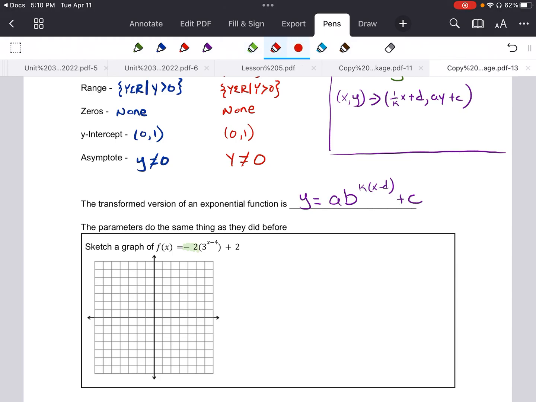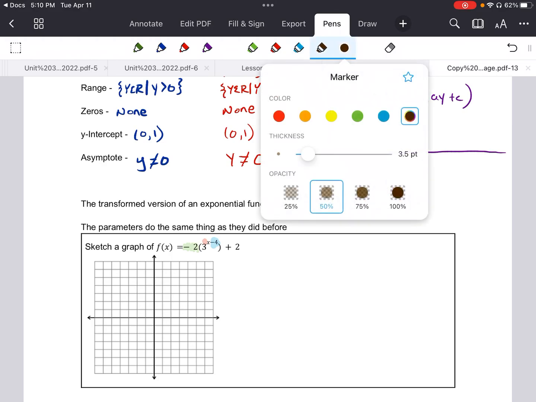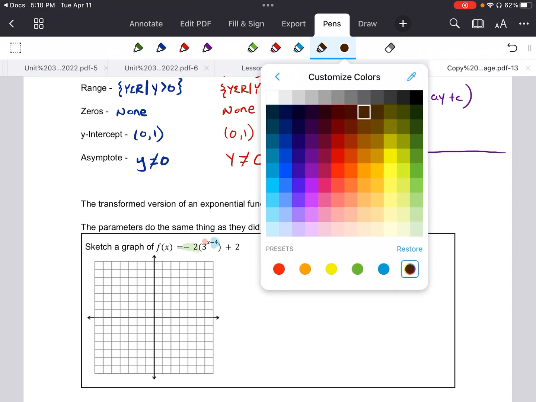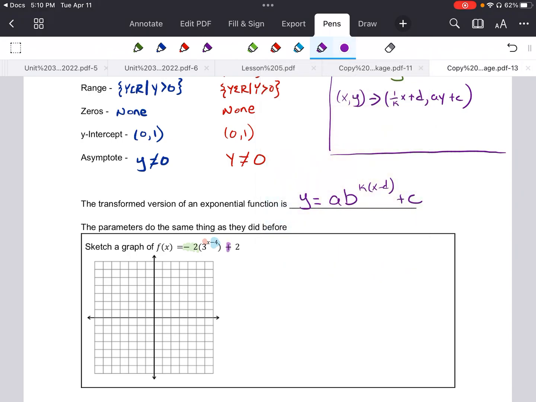We have a k value, so nothing in front of the x, that represents 1. A d value, remember you do the opposite of the bracket, so it'd be +4. And a c value of +2.